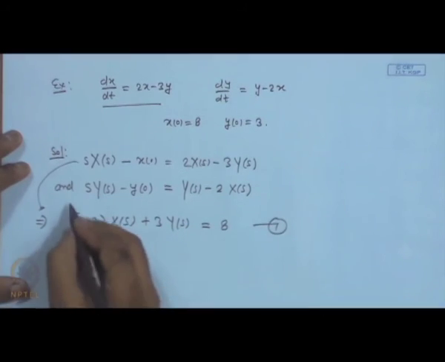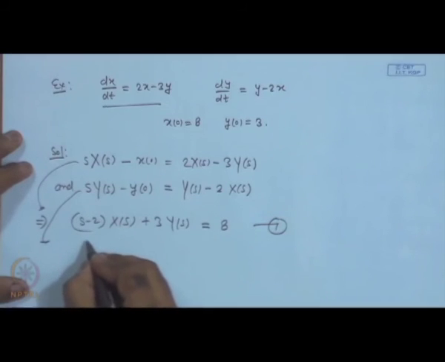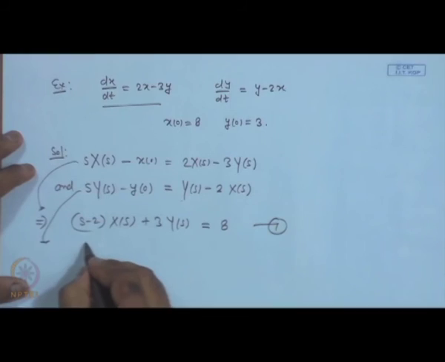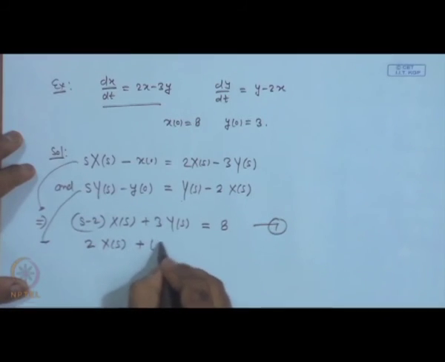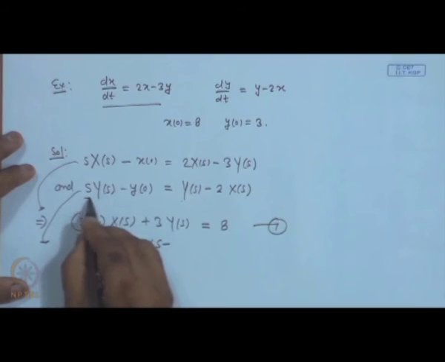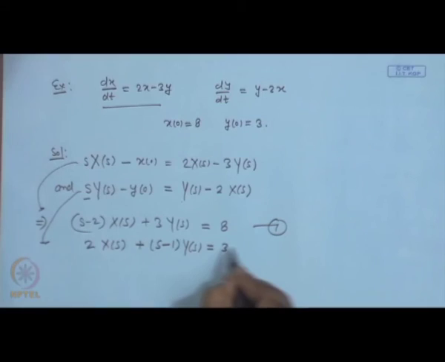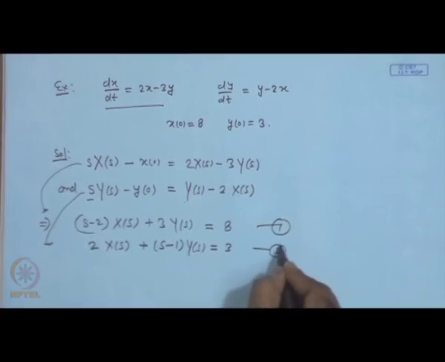Let us call it equation 1. From the second equation we get 2X(s) and (s − 1)Y(s) equal to 3. That is equation number 2.